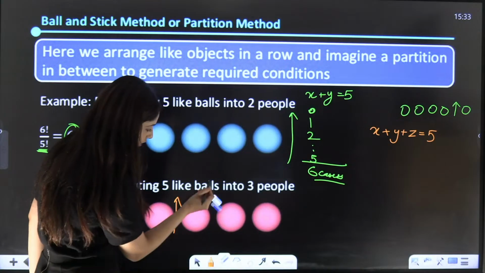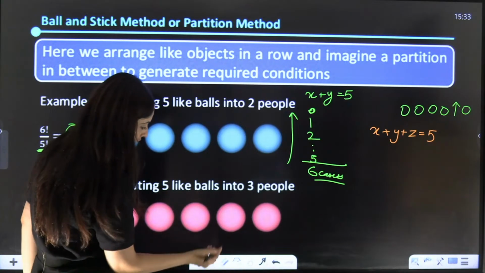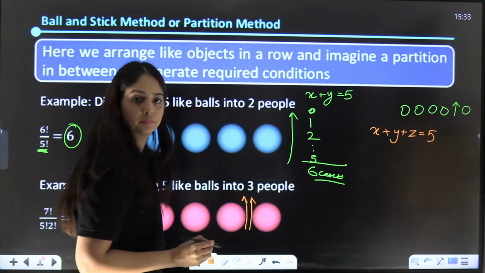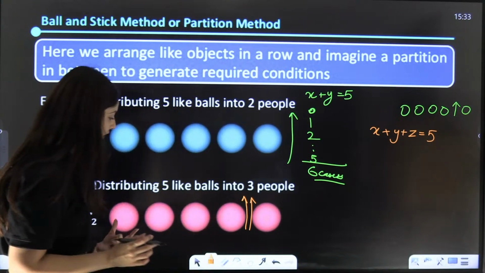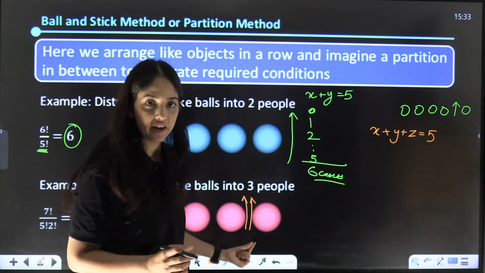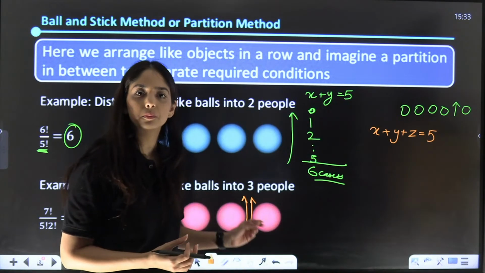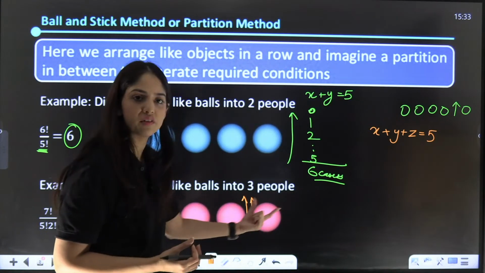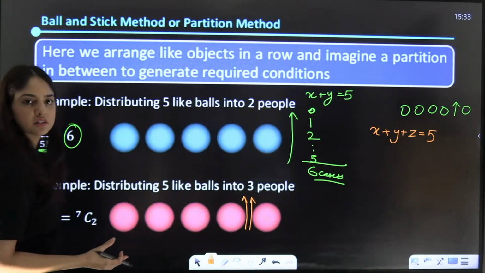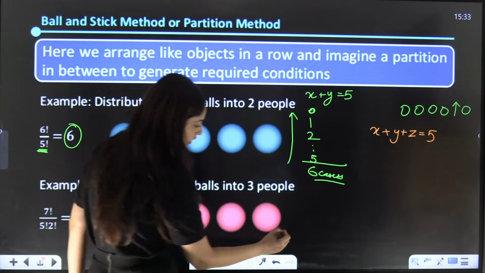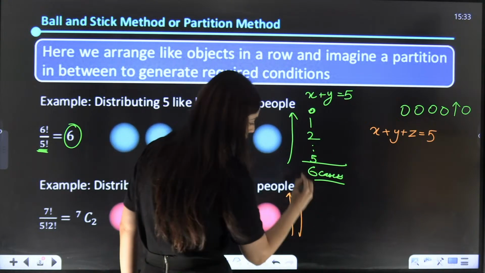Or we can have something like this, both the partitions are here. What does that mean? The first one gets 4, the second one gets nothing, the third one gets 1. So, by finding the position of these 2 partitions, we will find the unique distribution. So, how many ways of arranging these 2 partitions are there?